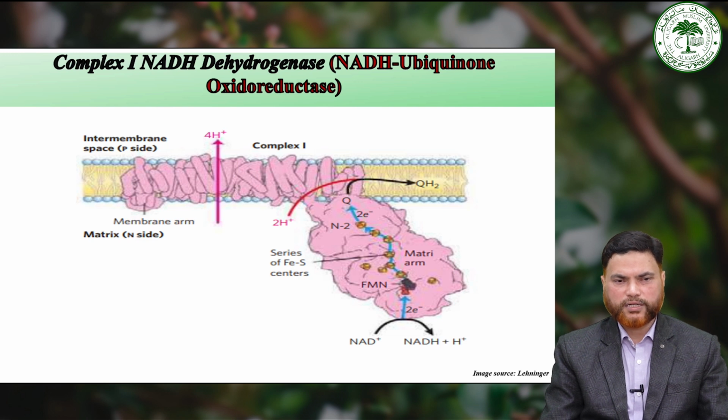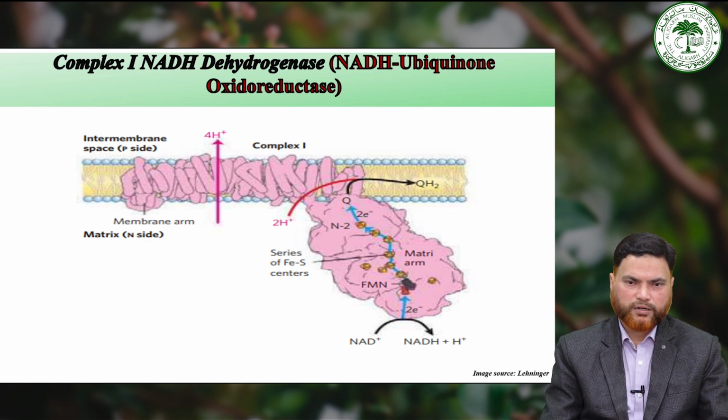So, electrons that are removed from NADH are transferred to ubiquinone, also known as coenzyme Q, and the transfer involves a conformational change in the antiporter proteins present in the membrane of the complex.